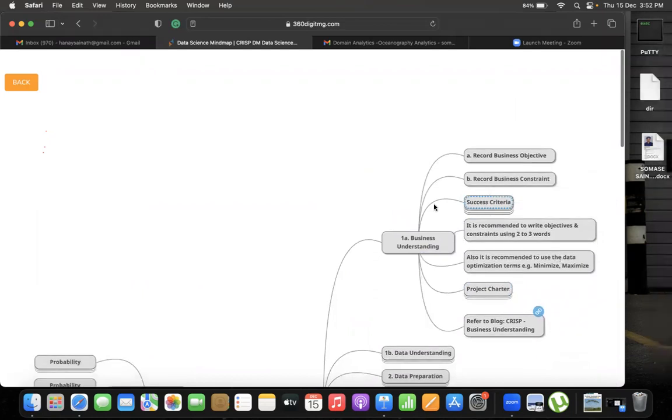So in the business understanding, first we have to record the business objective. So what is the objective? What does a business objective mean?